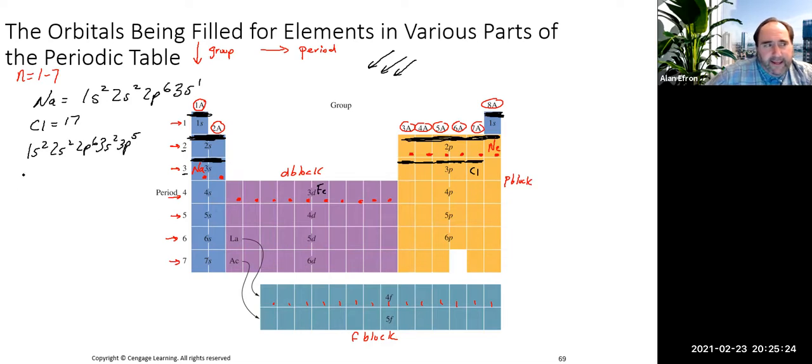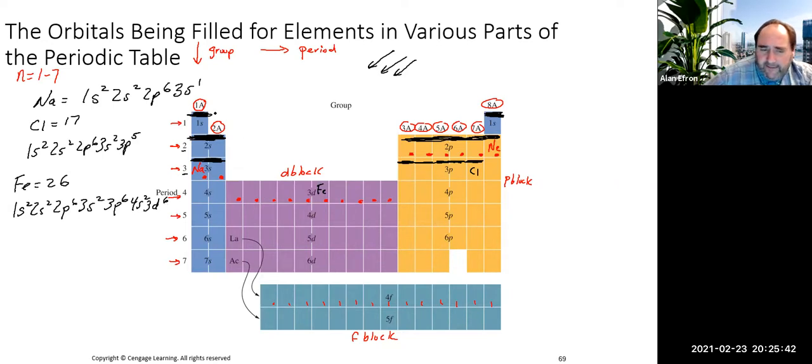And iron again had 26, which was again 1s2, 2s2, 2p6, 3s2, 3p6, 4s2, 3d6.